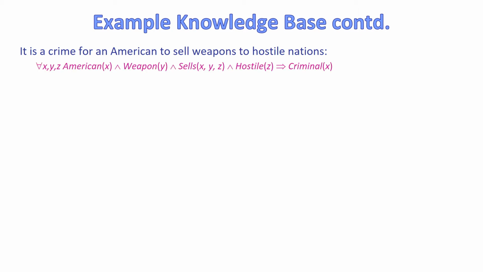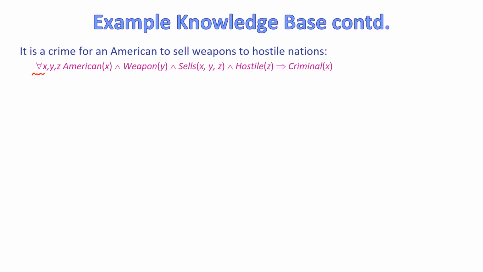So the condition is we have X is American, Y is a weapon, X sells Y to Z, and Z is a hostile nation. That's the condition. If that's the case, then X is criminal. And that's of course universally quantified, because that's a general rule.